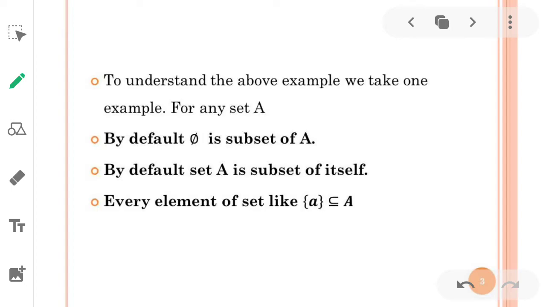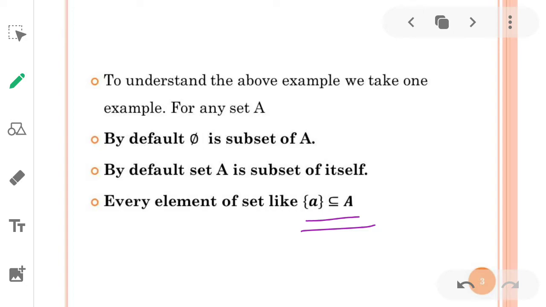Every element of a set is also a subset of A. So here if we have any kind of element present in A, then set A is a subset of A. So whenever we solve any kind of problem on power set, we will use these three steps.